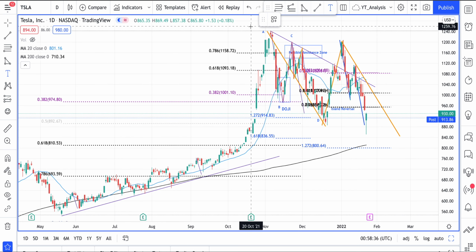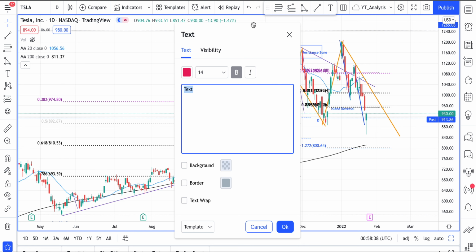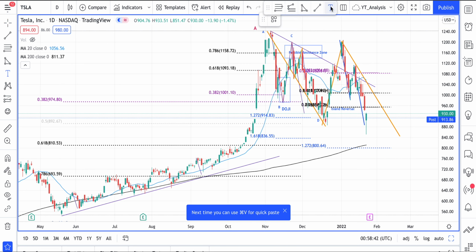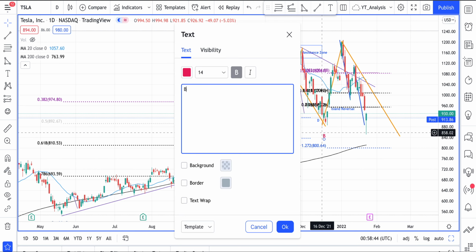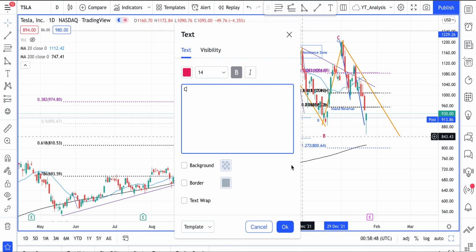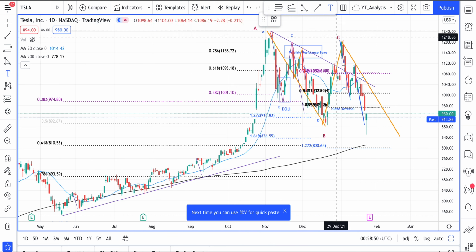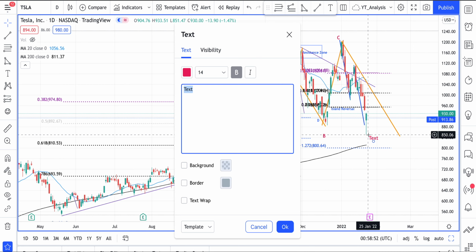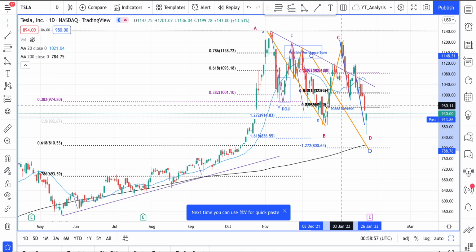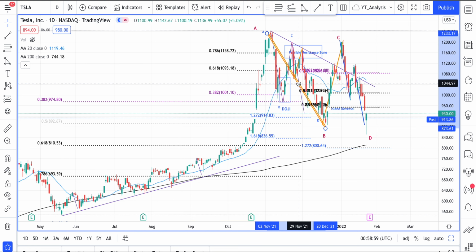So if we look at this as the pattern, this is point A, this is point B, this is point C, and this is point D. Basically, this is a one-to-one projection of this AB to CD.